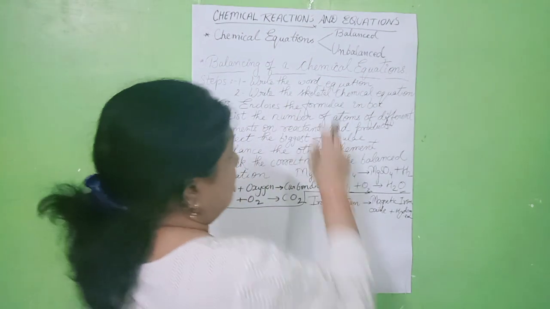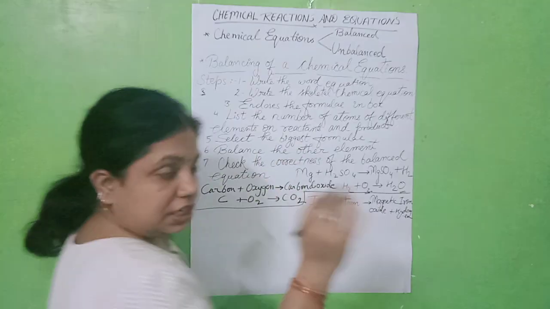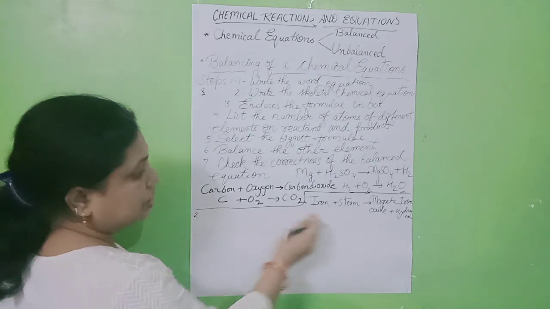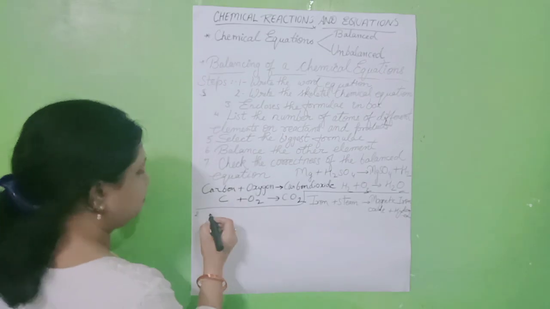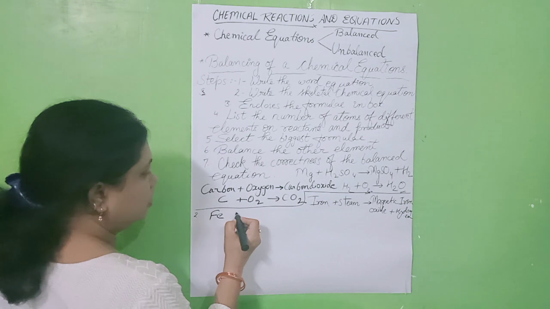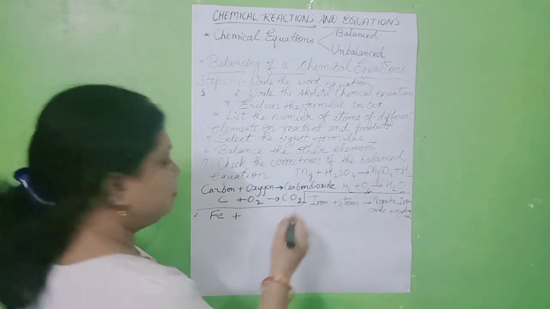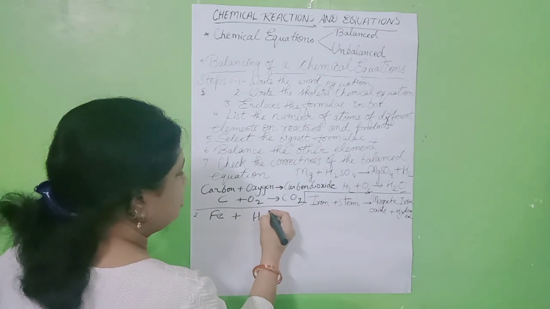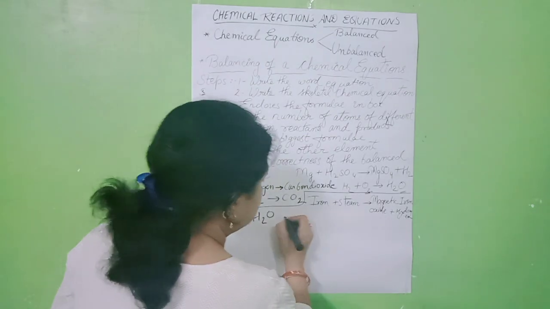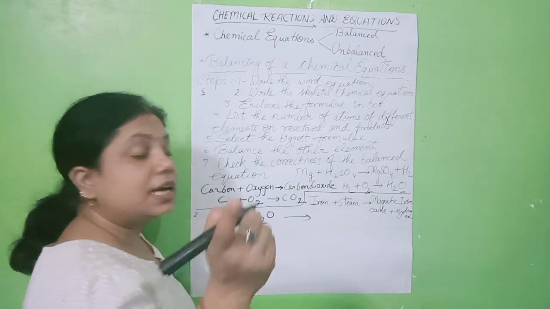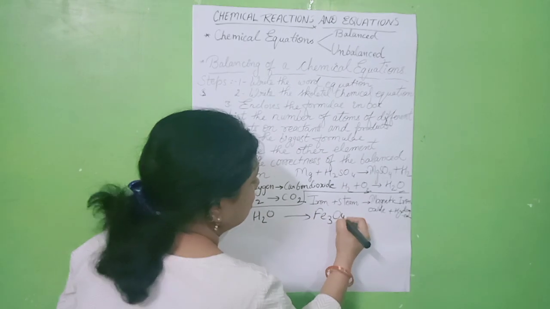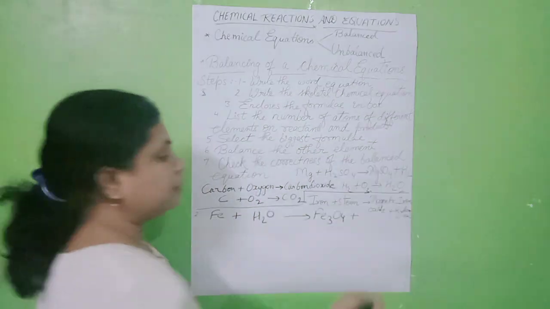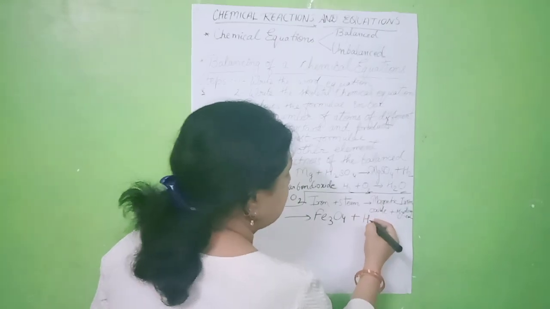Iron we represent by Fe, plus steam H2O. Then it forms magnetic iron oxide, the formula is Fe3O4, plus hydrogen, and the hydrogen symbol is H2.